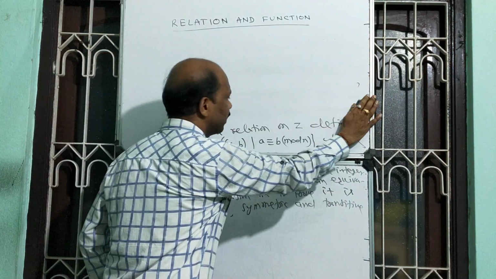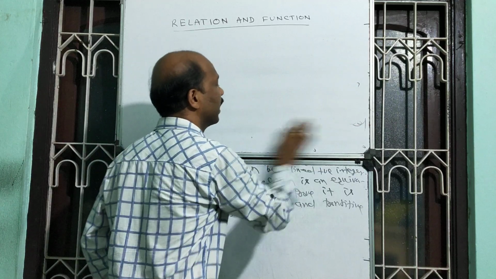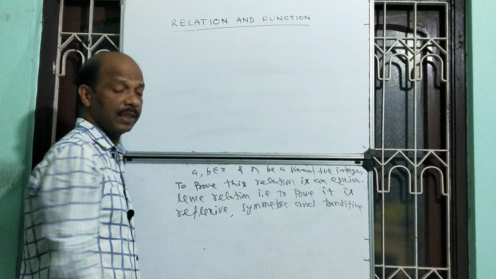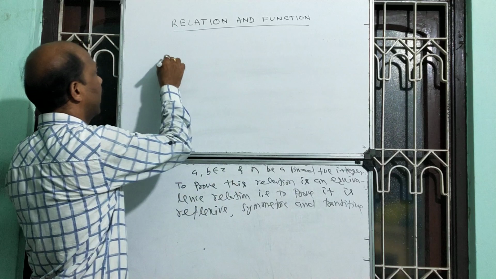Reflexive means a relation R on a set A is said to be reflexive if every element of set A is related to itself.